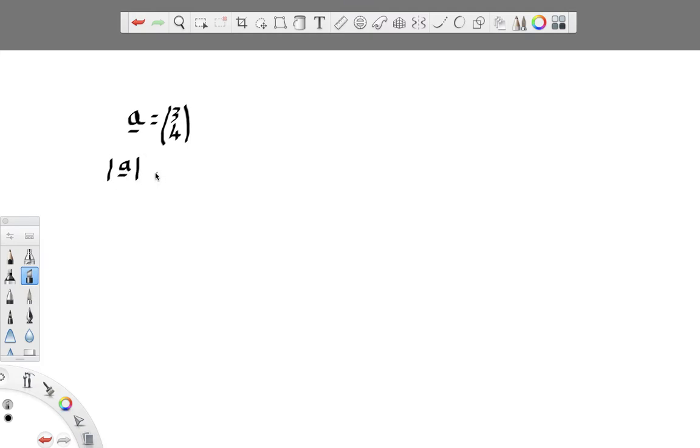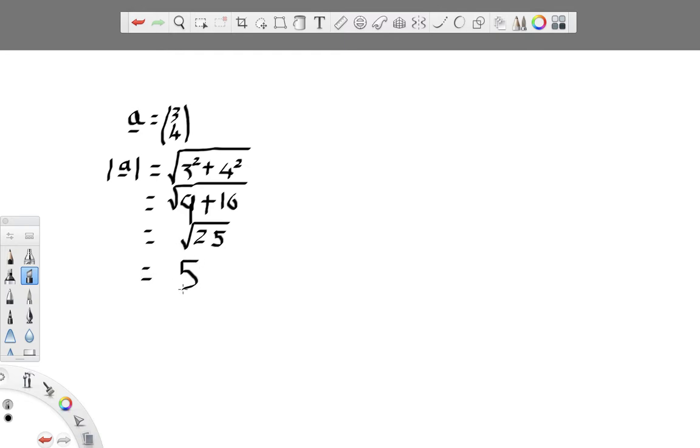That means we're now calculating the magnitude, and it's 3 squared plus 4 squared, all square rooted. 3 squared is 9, 4 squared is 16, that's all square rooted. Then 9 plus 16, we know that's 25, so it's simply just the square root of 25, which is 5. So the magnitude of our vector A is 5.